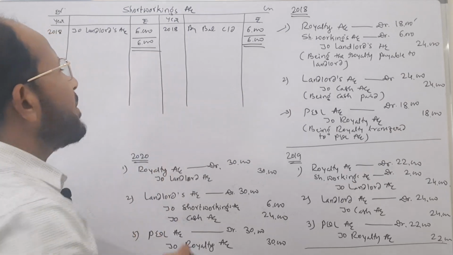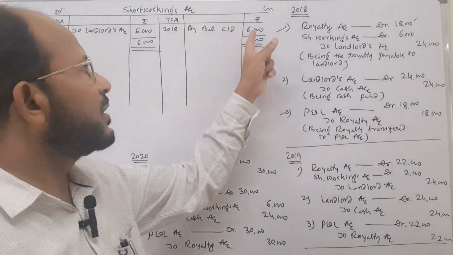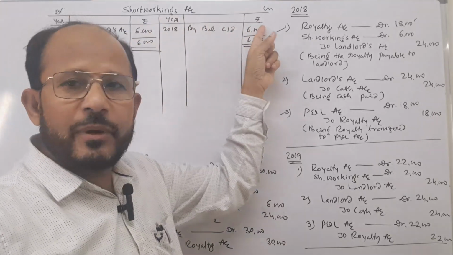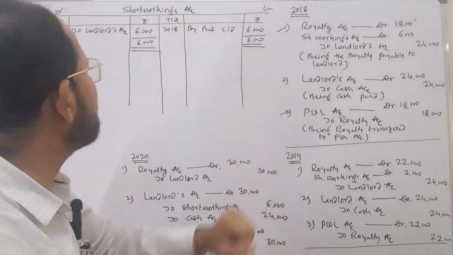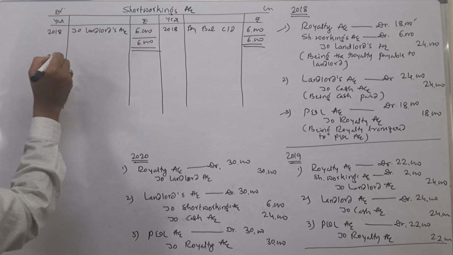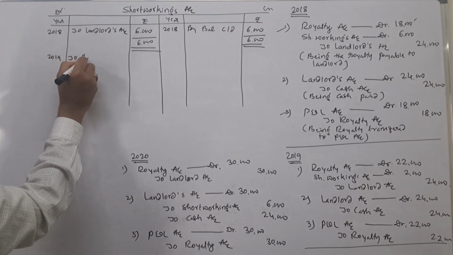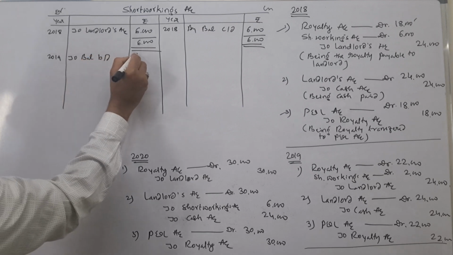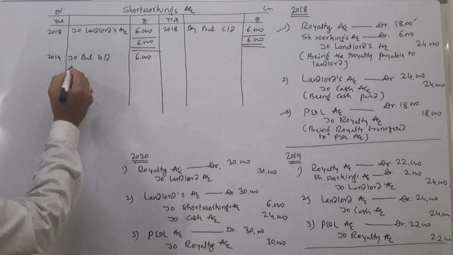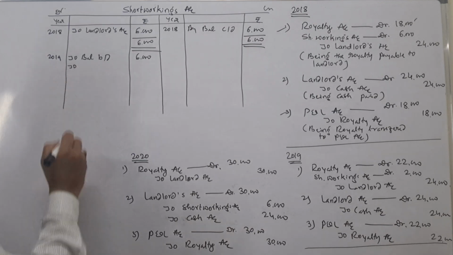Now closing balance of short workings account of rupees 6,000 in the year 2018 will become the opening balance for the year 2019. That you have to remember. 2019, first you have to bring the balance. To balance brought down rupees how much? 6,000.